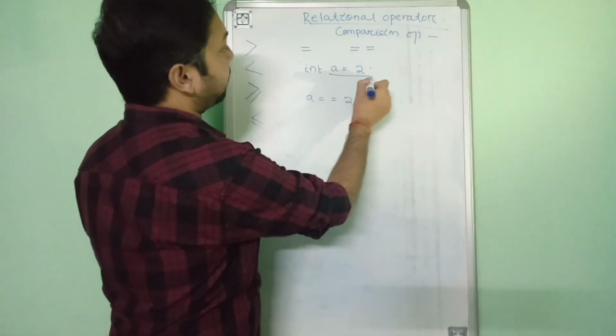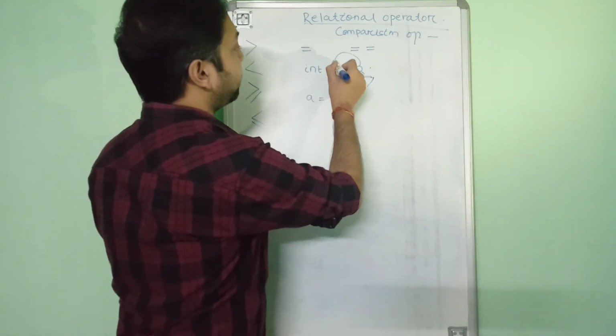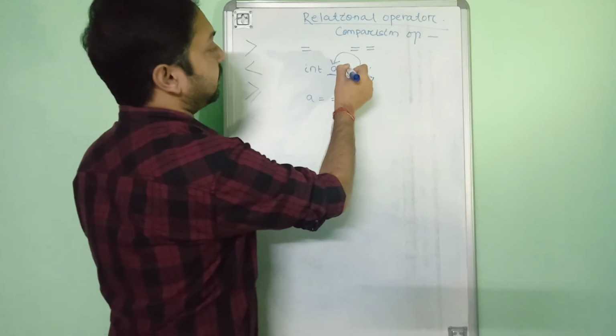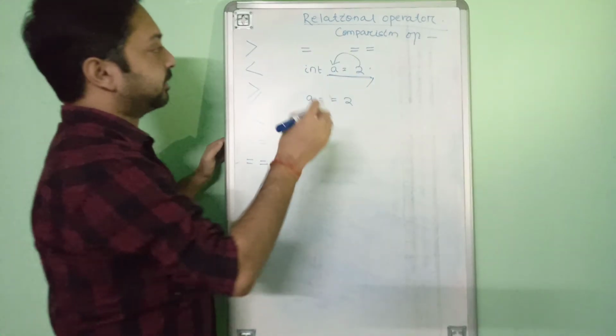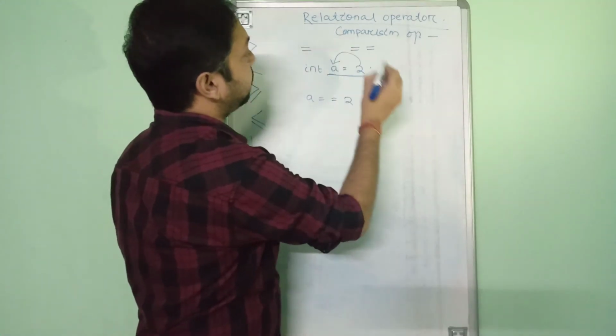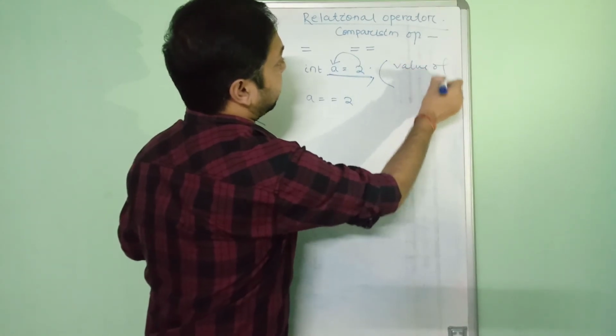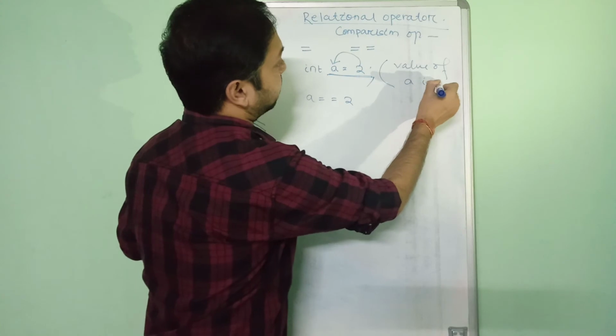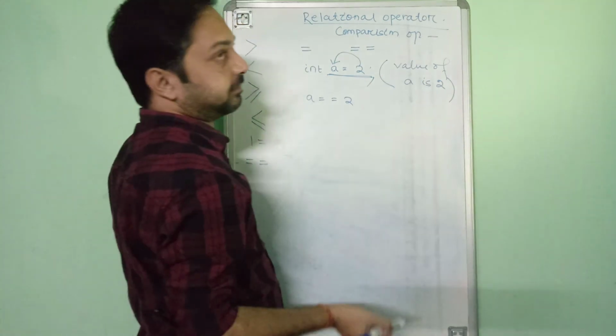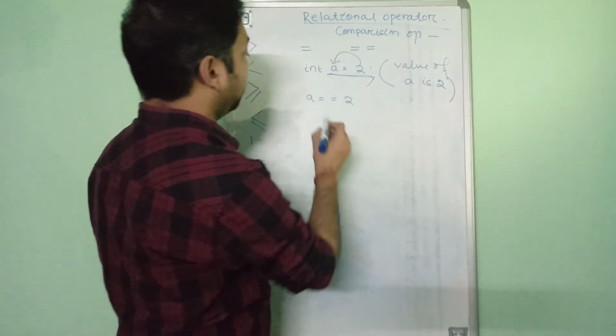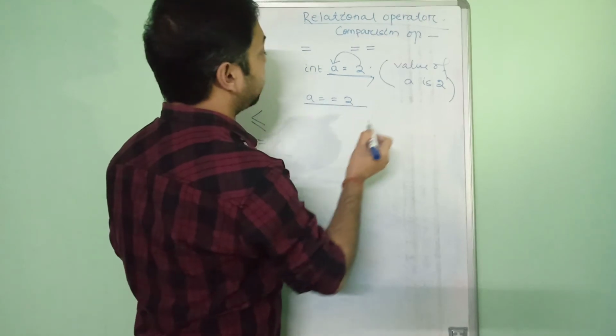So int A equals to 2 means 2 will be simply assigned to A because equal to is your assignment operator. So you can say 2 will be assigned to A. So in this case the value of A is 2. That is the meaning of A equal to 2. And what about A equals to equals to 2?